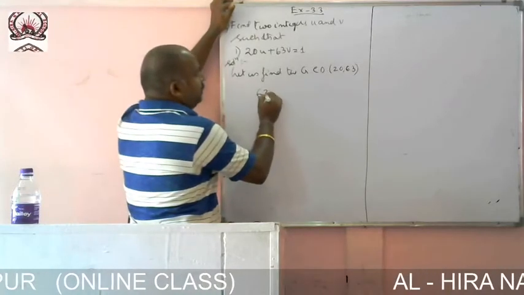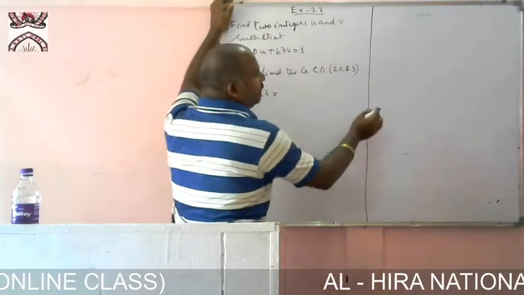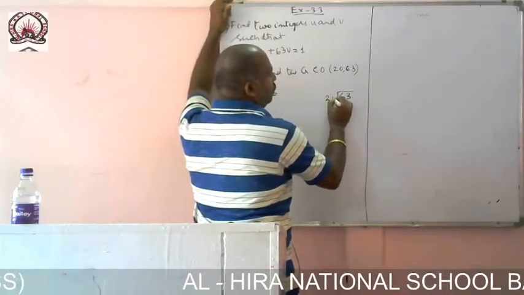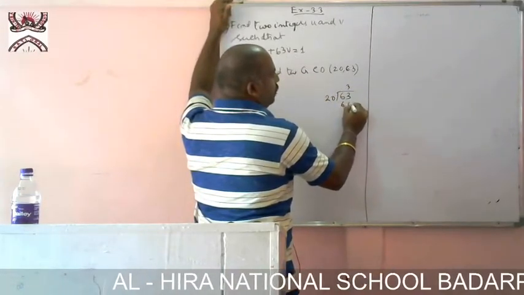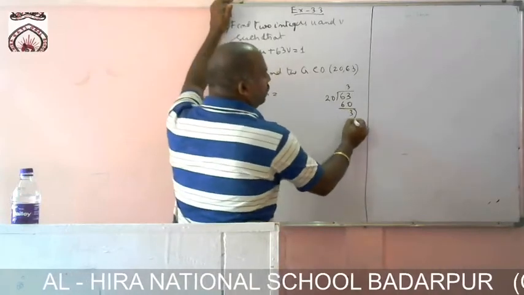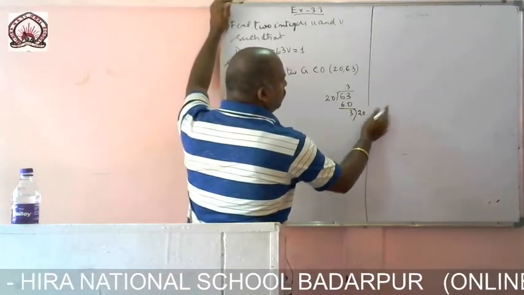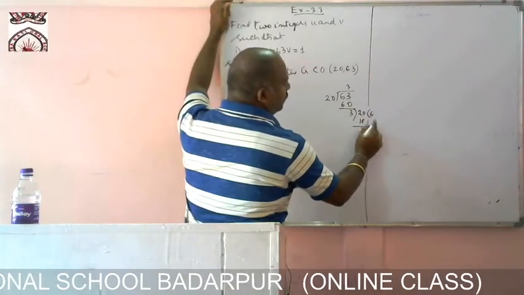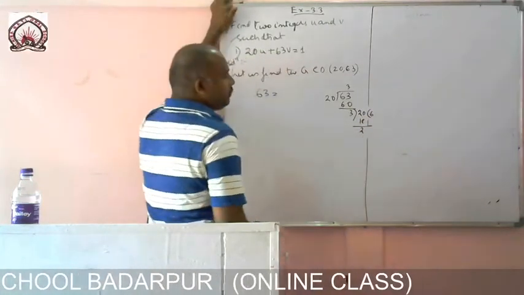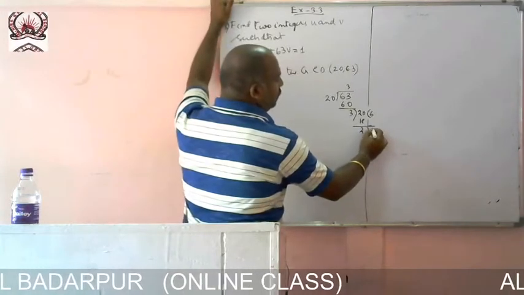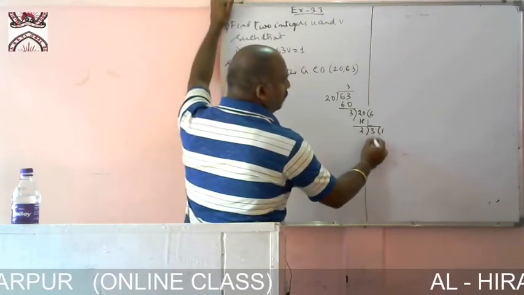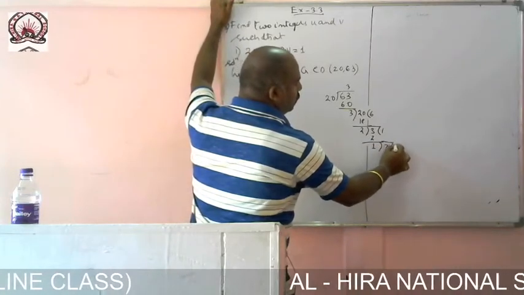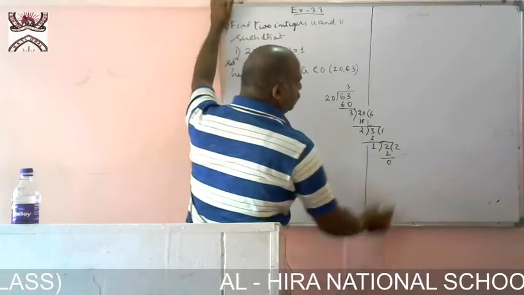What you can write? 63, if I divide it by 20, 3 into 20 is 60, we are getting 3. Then 20 equals 3 into 6 is 18, we are getting 2, then 2 into 1 is 2, equal to 0.